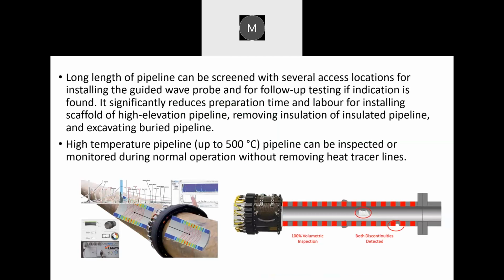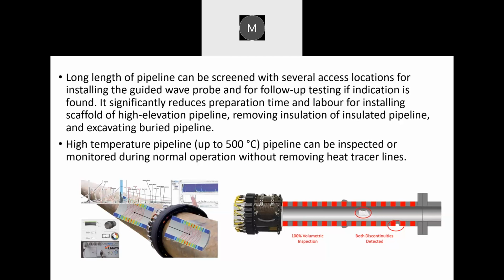The fourth advantage is that a long length of pipeline can be screened with several access locations for installing the guided wave probe, and for follow-up testing if an indication is found.